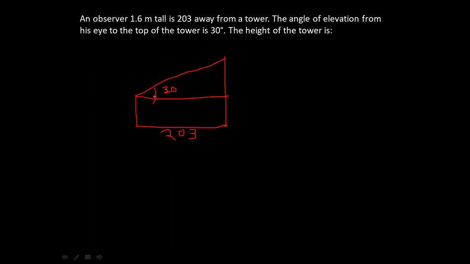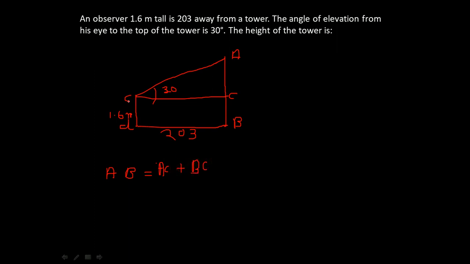Now let's say this tower is AB, and this observer is CD, and he is 1.6 meter tall. We have to find the length of the tower AB. If this is divided at point E, AB will be AE plus EB.